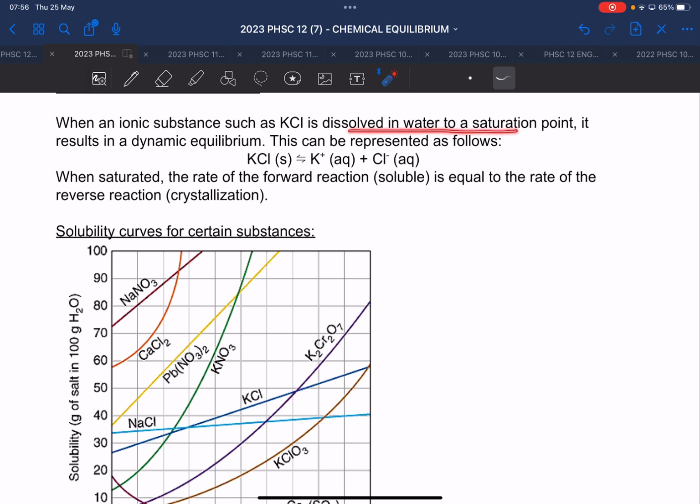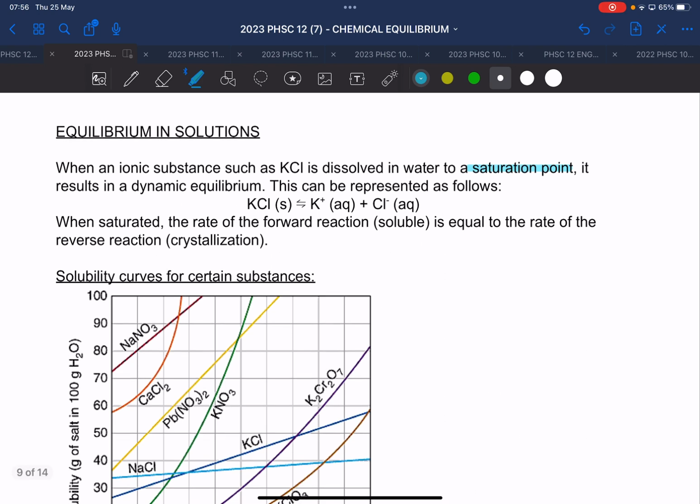When that is dissolved in water to a saturation point, what is a saturation point? Where it doesn't want to dissolve anymore. It's like when you add sugar to your coffee, at a certain point, when you get to how many spoons? 4? 5 spoons. Then the sugar doesn't want to dissolve anymore. Right? So that is the saturation point.